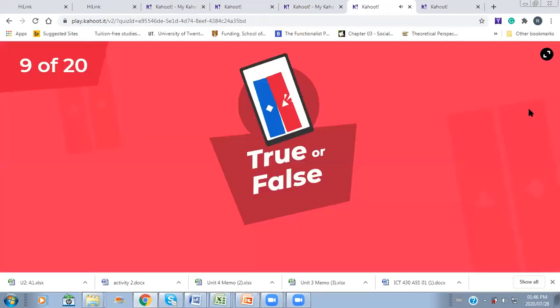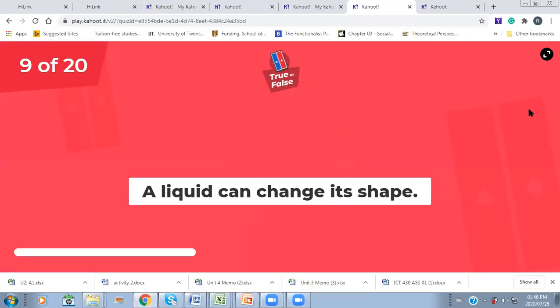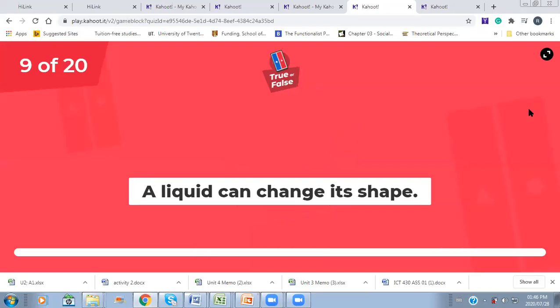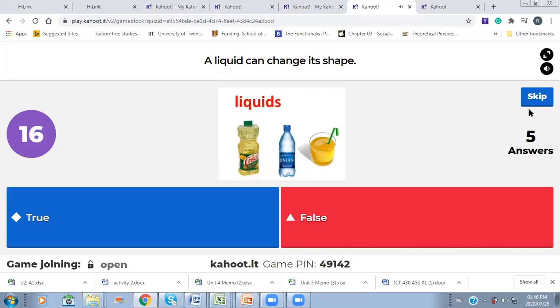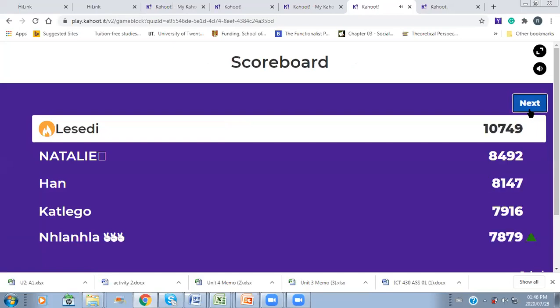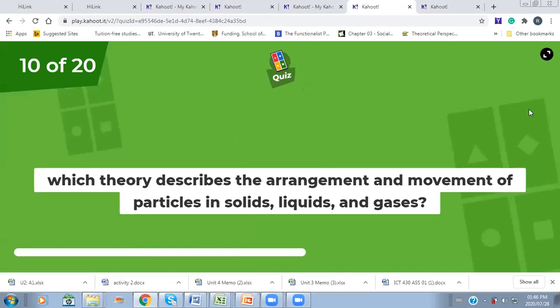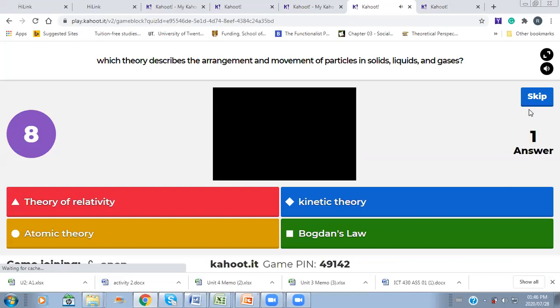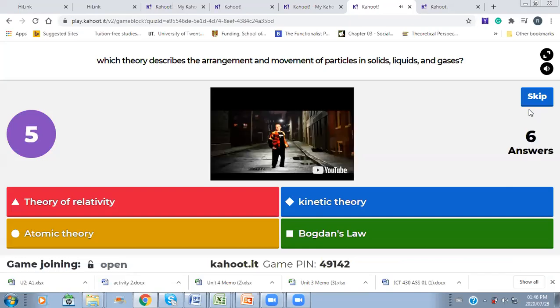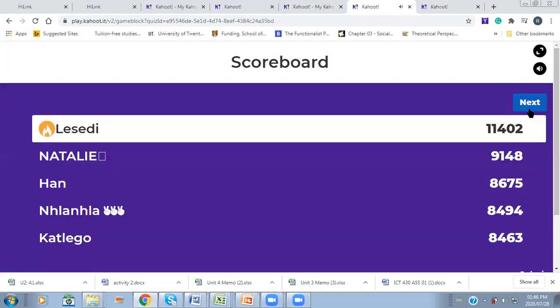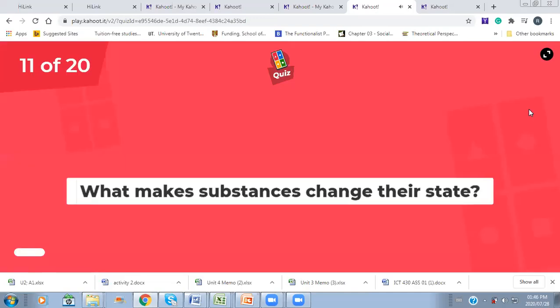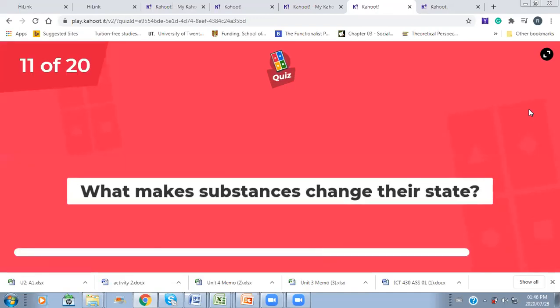Okay, let's be fast. What makes substances change their state?